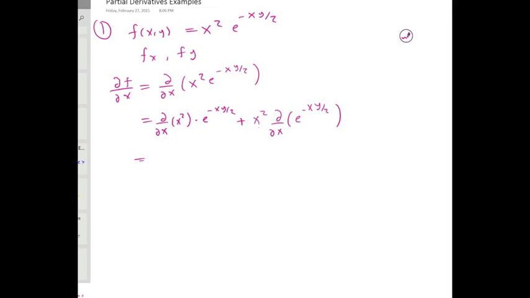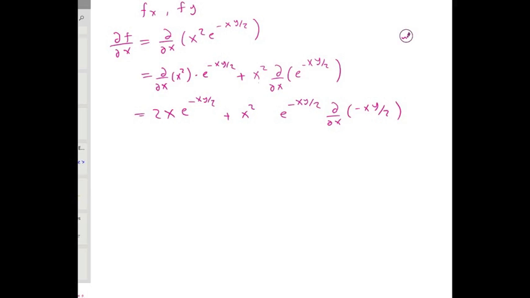So derivative of x squared with respect to x is 2x. So 2x times e to the negative xy over 2 plus x squared times the derivative of this. So we just rewrite the function e to the negative xy over 2. Then we take the derivative of what's on the inside with respect to x, the partial derivative with respect to x.